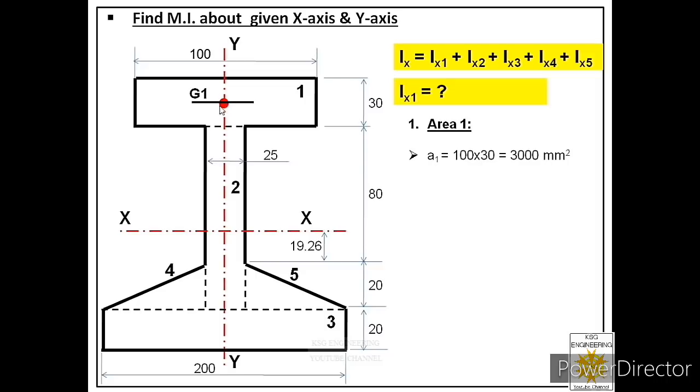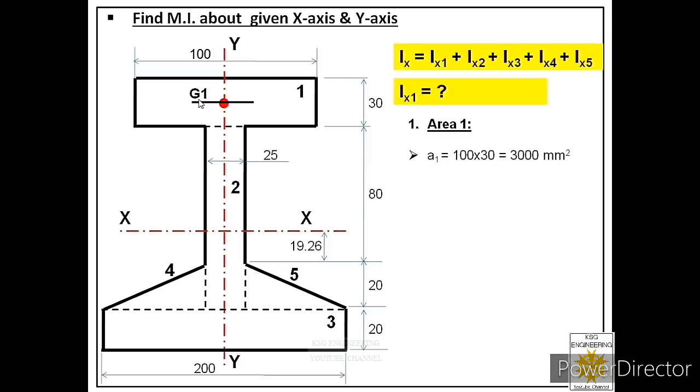Now after that, from that centroid we will draw its centroidal axis, and we will keep that centroidal axis parallel to the main axis about which we want to find the moment of inertia. So as we know, the main axis is a horizontal axis, so we have to draw a horizontal centroidal axis at that centroid. So let us name this as G1.